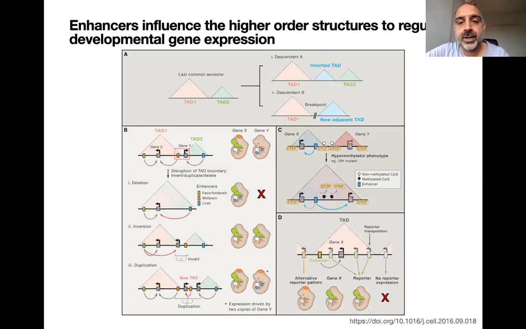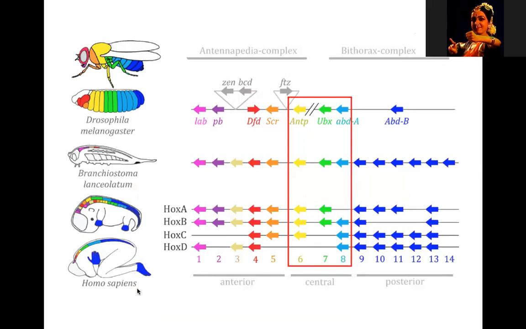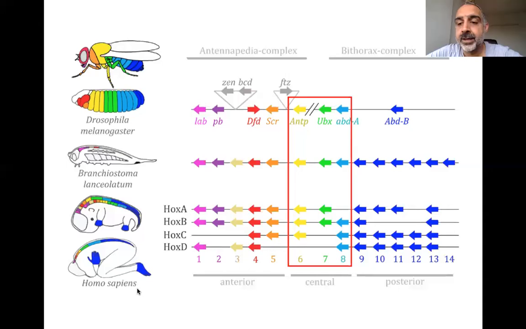I kind of want to leave you thinking a little bit about the evolution of various networks that control development. And one of the most famous is the Hox complex. I'm guessing many of you have investigated or have been lectured about Hox genes briefly. And sorry, Shubha, this is also going to be brief as well.